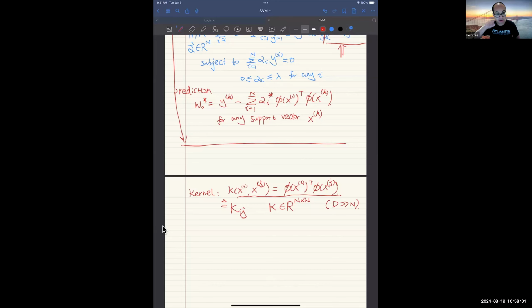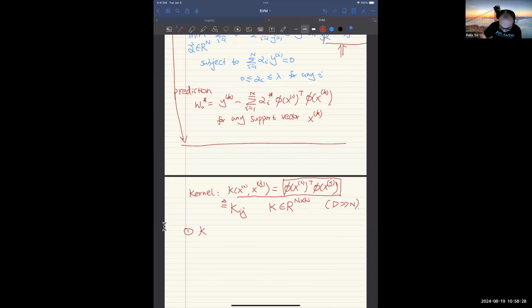We talked about this in the previous lectures, and we demonstrated there are certain kernels where calculating this phi(xi) transpose phi(xj) for each entry is extremely cheap. For example, you can choose the kernel function.